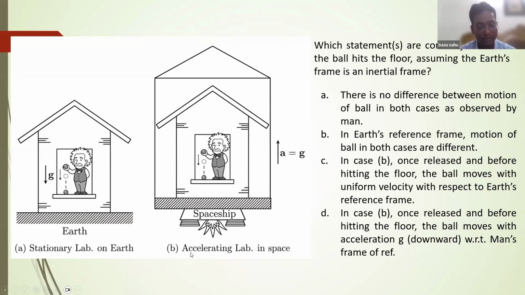Now suppose everything, including my house, is inside a spaceship moving with acceleration a equal to 0 in deep space, where the spaceship is not interacting with any body of the universe, meaning no other forces act on it. Then what will be the correct option?